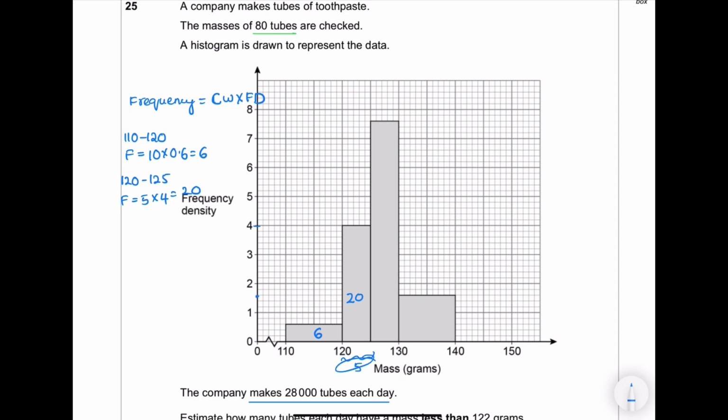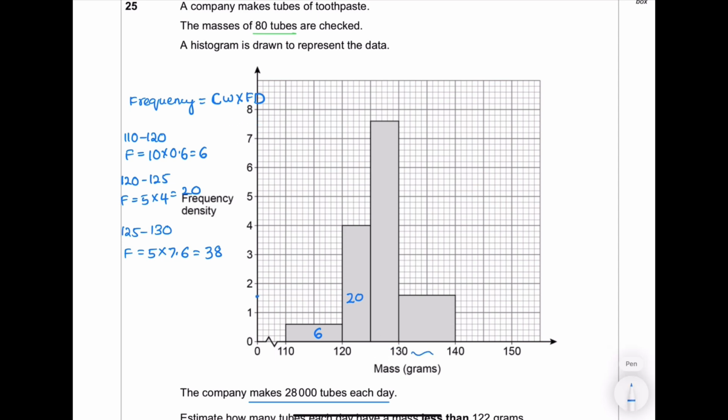The next interval is from 125 to 130, where 5 is the class width and the frequency density is 7.6. The frequency is 5 times 7.6, so the frequency in that bar is 38.